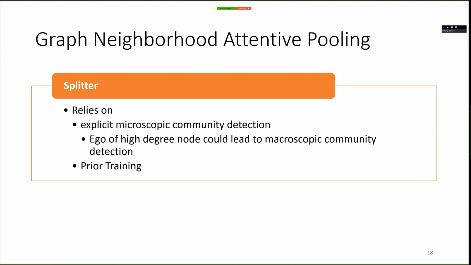Another issue is the two-step training. As you saw, Splitter requires two learning steps. Why is this an issue? Particularly because they initialize the embedding of persona nodes by the embedding from the original nodes, since the generated graph can have a problem: you can have disconnected components.